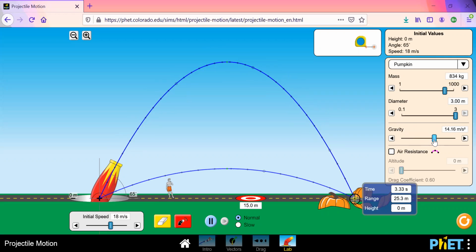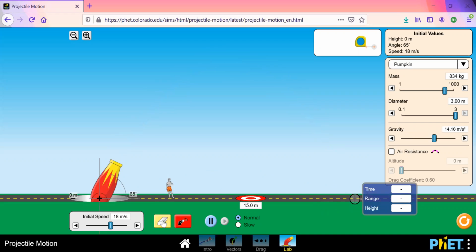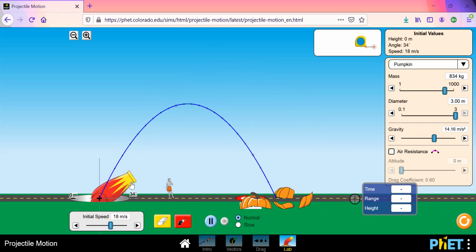But would the gravity matter? Oof. So that's at 65. Yeah, it should make some kind of sense. Well, we'll see why the range is shorter when the gravity is increased.